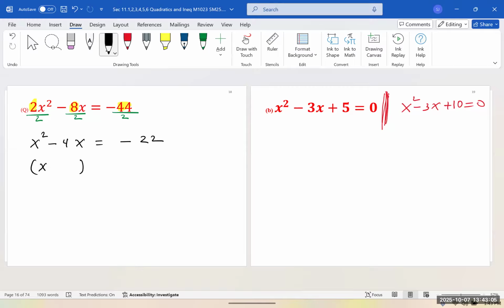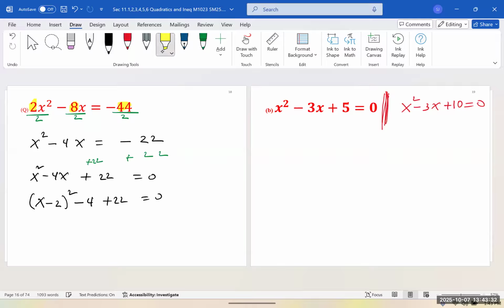They added 22? Okay. You didn't have to do that, but you did it, no problem. X squared minus 4x plus 22 equals 0. X minus 2 squared minus 4, and we have plus 22.